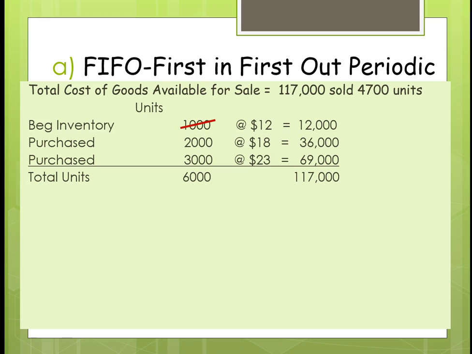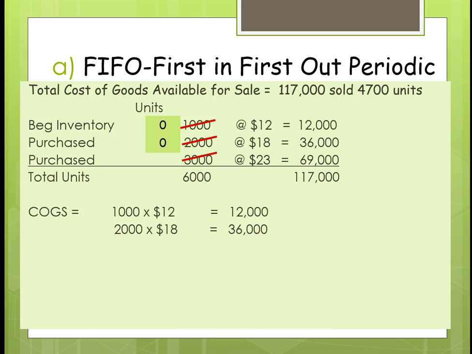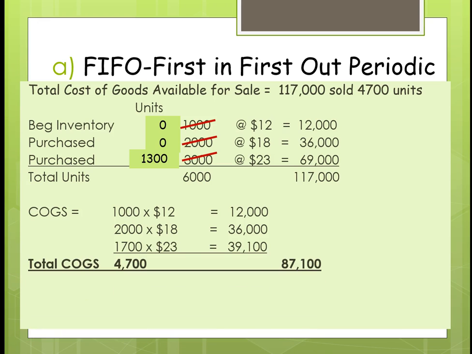We sold these. We have none left, because we're getting rid of 4,700 units. That means we got rid of all of those. Now we've taken care of 3,000 of the 4,700 units that were sold. And there's our 1,300, so we have to take 1,700 times 23, and our total cost of goods sold for the 4,700 units using FIFO is 87,100.